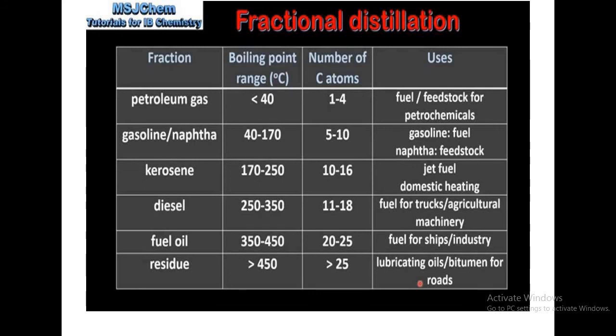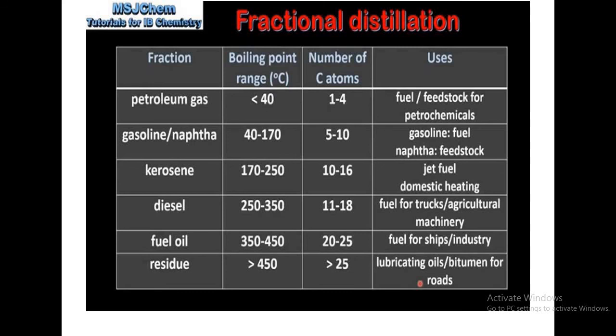But in your resource books you will find more uses. If you want to note down from here you can, otherwise in your reference books that includes everything. So there is no need to write this, but if you want to write you can.